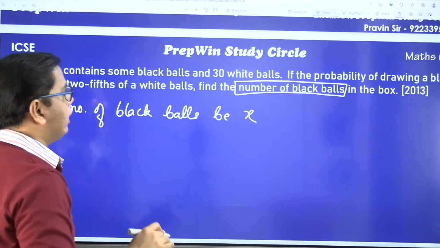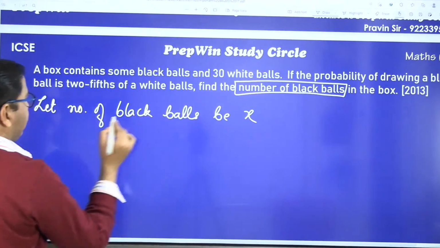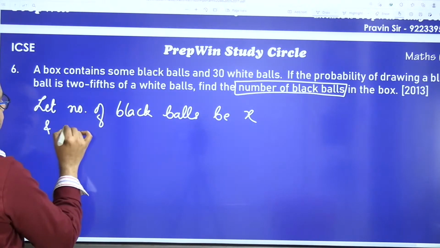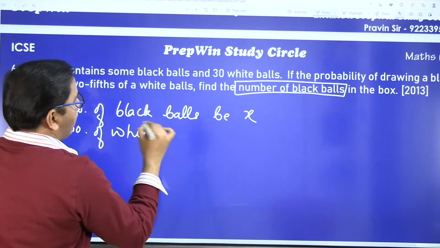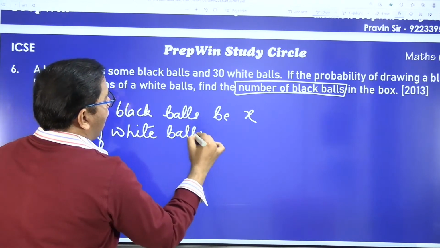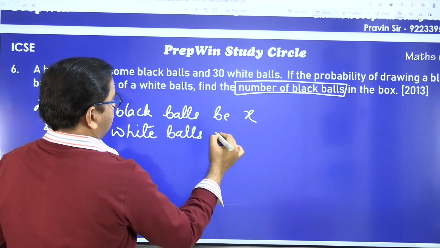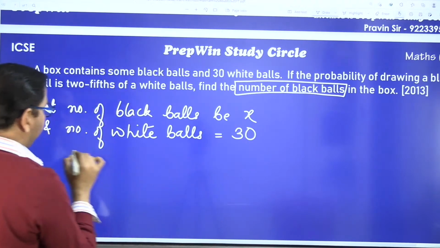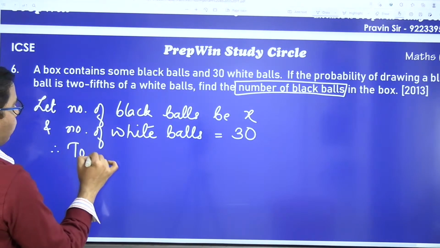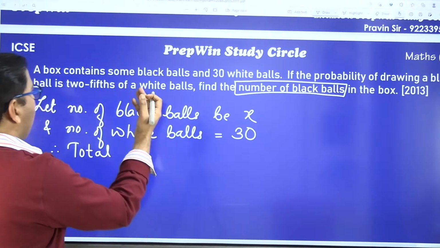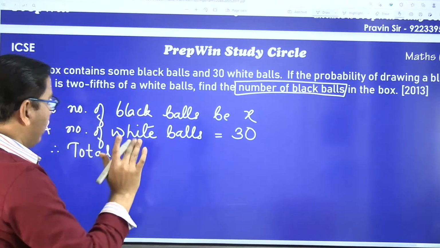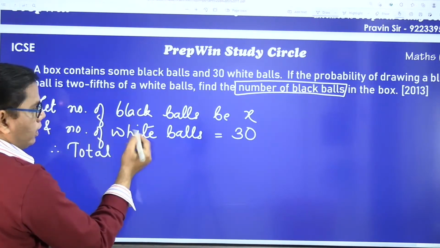I have to find out the value of X, and there are 30 white balls. The number of white balls is equal to 30. Can you tell me therefore what is the total number of balls? Because if you read the question, there are only either black or white balls, so only two colors for the balls.